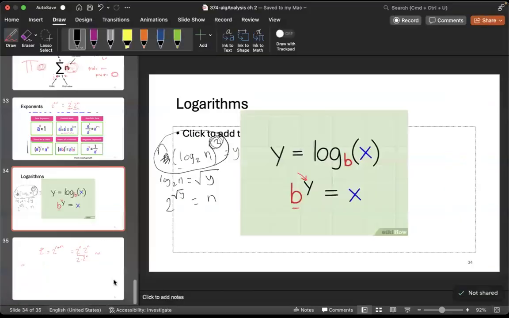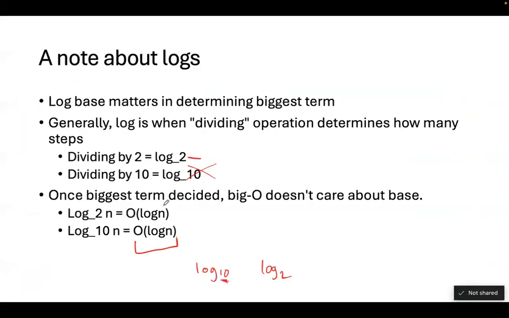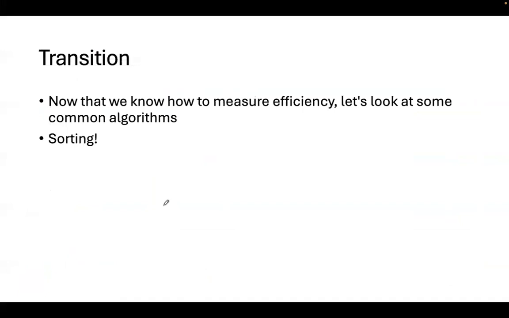But I want to at least get started on sorting, because we need to know some sorting algorithms. Once we know how to measure efficiency, now we transition to some of the more high-level computer science topics. First you learn how to code, and then you learn some common data structures, here is how we can use code to store data.